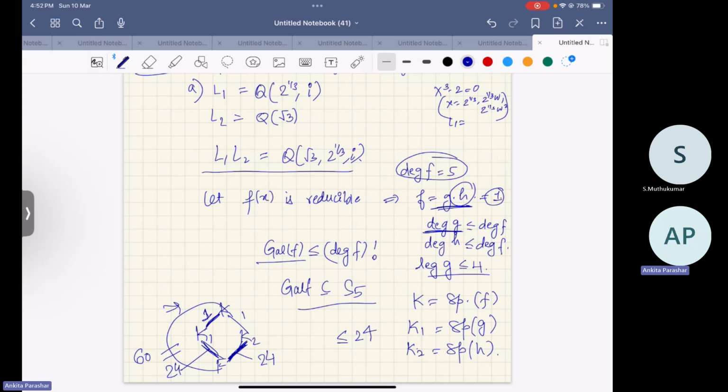That means it is reducible, and therefore there is an issue with degree, right? Such a combination is not possible. Do you see some contradiction here? Here K equals K1 equals K2.